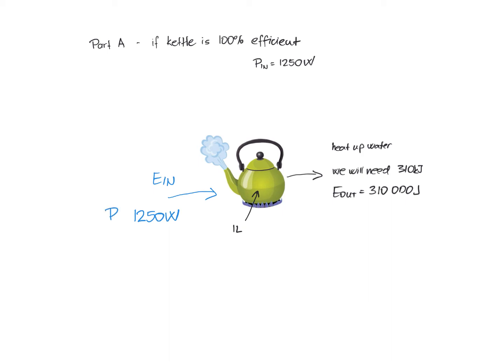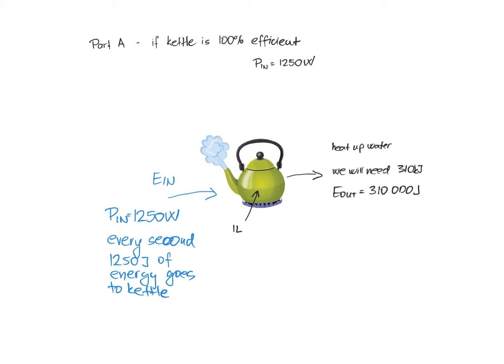So the power in, which means that every second 1250 joules of energy goes to the kettle.